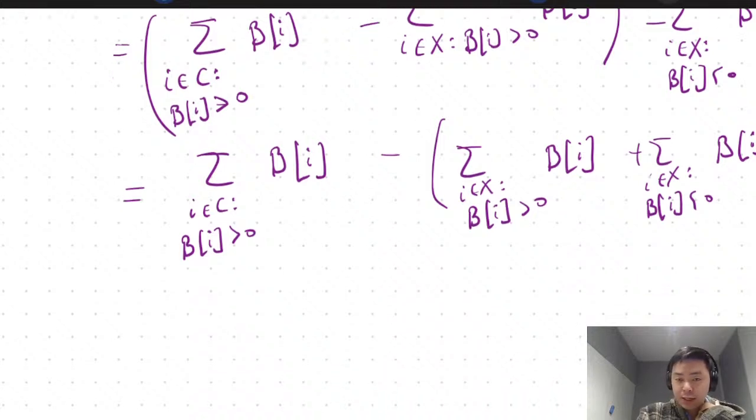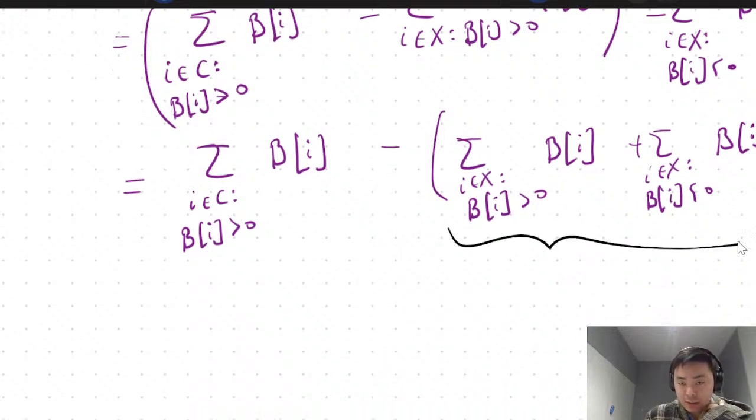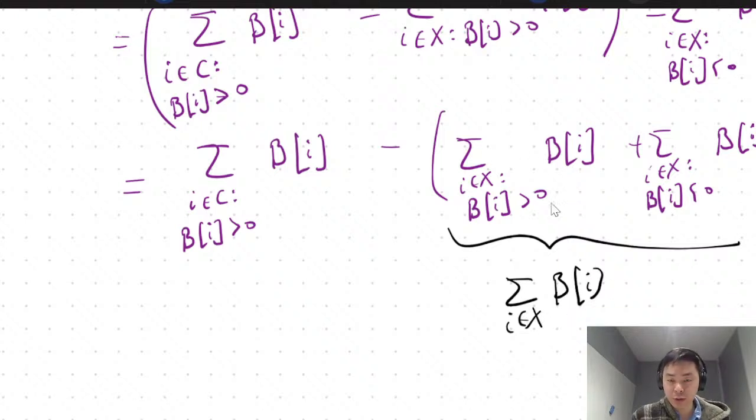But this part here is exactly equal to the set of all courses in X. This corresponds to exactly all of the courses in X, because we look at all of the courses that are positive here and all of the courses that are negative here. A course can either have positive benefit or negative benefit. We'll assume that no course has zero benefit because they don't really contribute to the analysis here. So we'll assume, without loss of generality, that everything is either positive or negative.